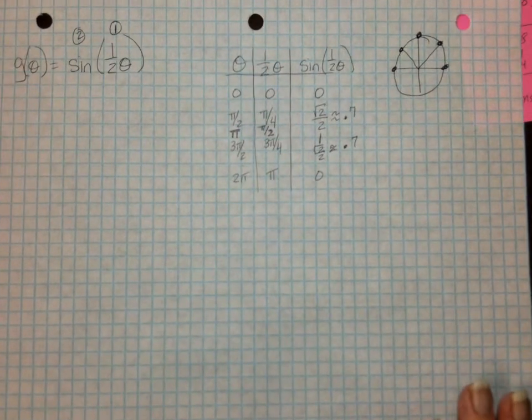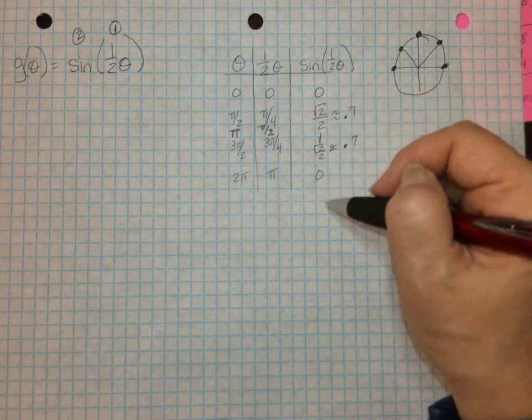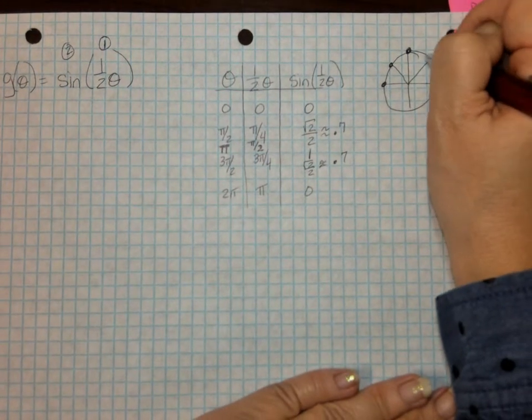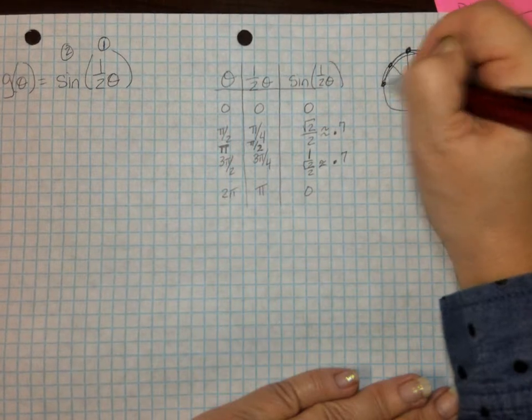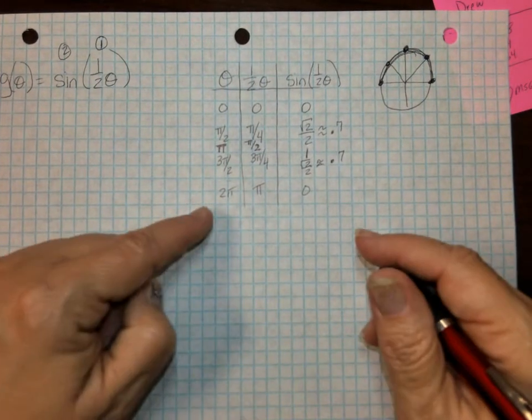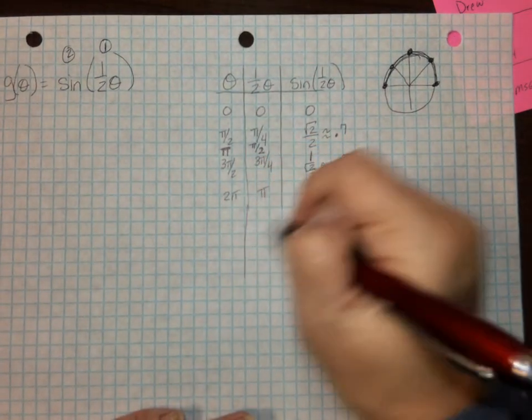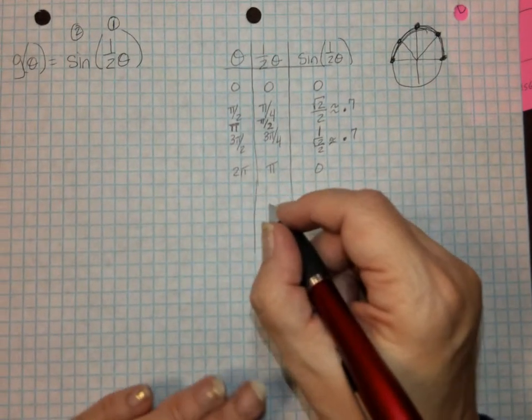All right, now think about a sine, right? It's a wave, right? The sine always starts at 0 and it goes up and makes a hill and then a valley, but I didn't even go into the negatives yet. Do you see on my unit circle, I've only gone halfway around the unit circle. So I need more entries here. So I'm going to keep counting by pi over 2.